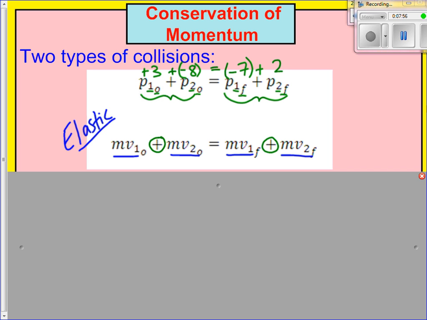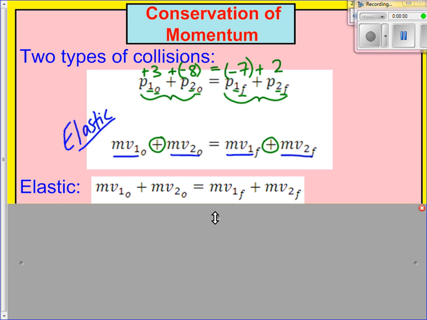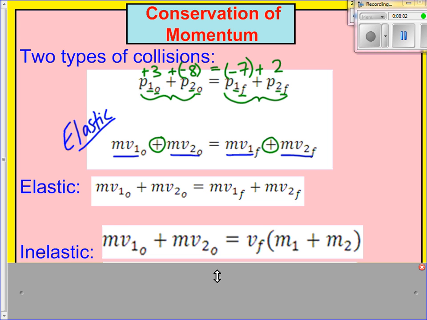But what if it's an inelastic collision where they get stuck? Well, let's take a look at those examples. For inelastic, take a look at this. The momentum of object 1 initial plus the momentum of object 2 initial, and then afterwards they actually get stuck together. You see, if they get stuck together, their velocity would be the same.